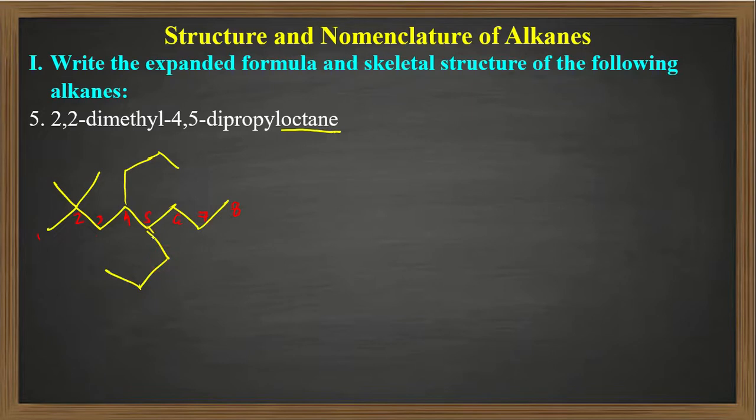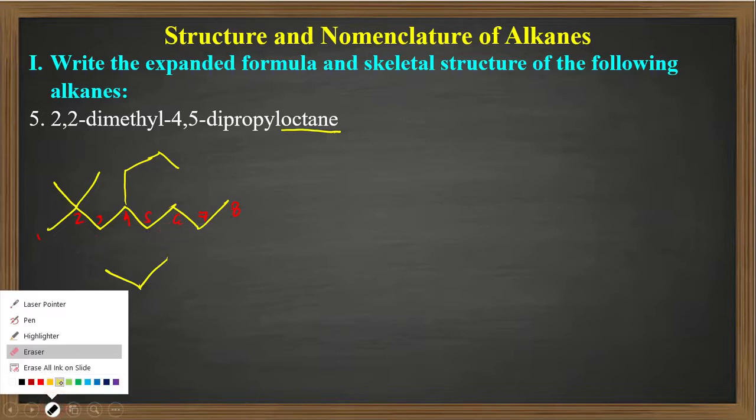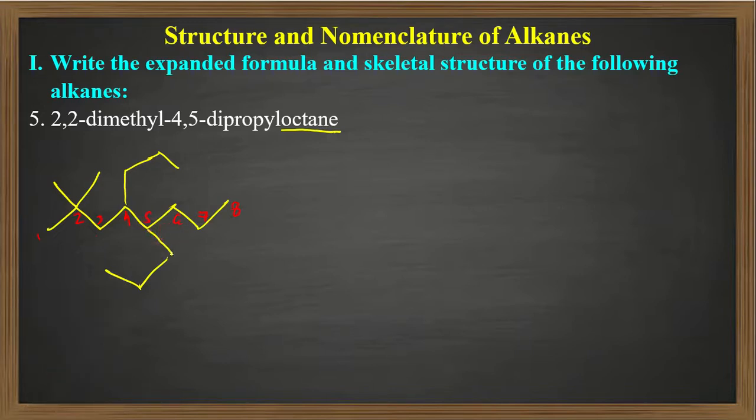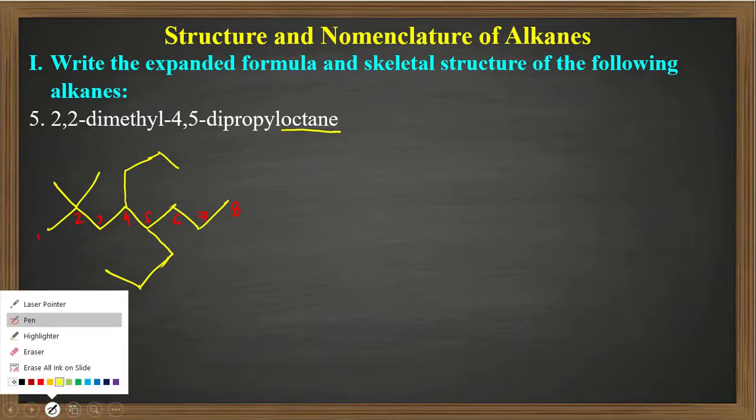And that's the skeletal structure for this nomenclature here. So meron tayong dalawang methyl in carbon number 2, dalawang propyl in carbon number 4, at saka carbon number 5. Okay? So the same with the skeletal structure.